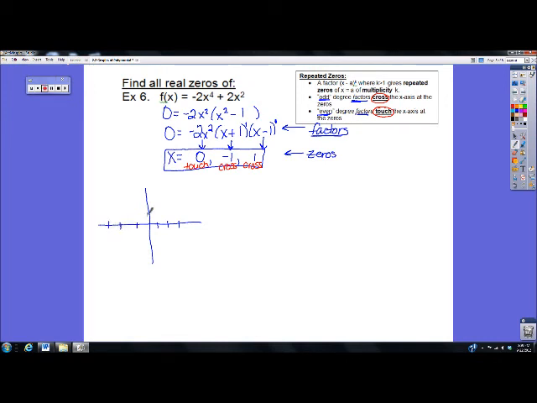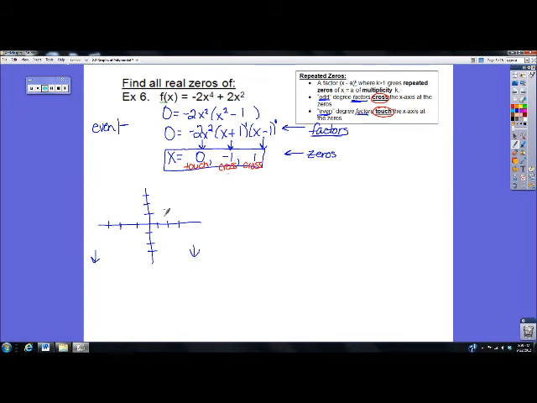Okay, now let's think about the end behaviors of the graph. We just got through doing that. This is an even degree with a negative coefficient. So that means both ends of my graph are going to go down. Left side is down and the right side is down.